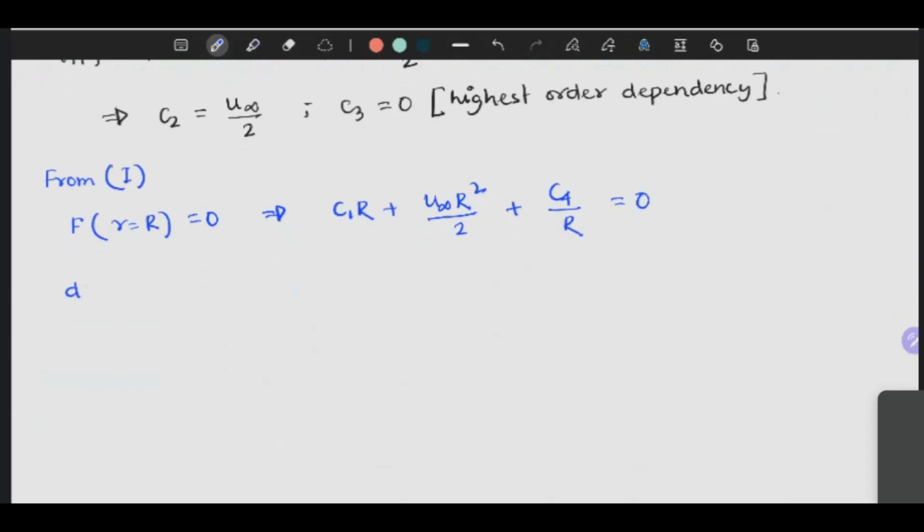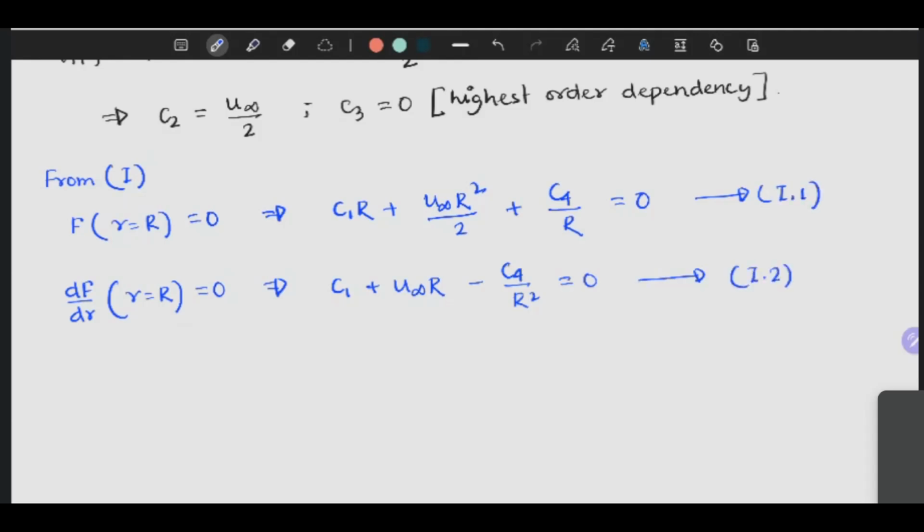And also df by dr at r equal to R must be 0, and that makes C1 plus U infinity R plus, minus rather minus C4 by R square equal to 0. This is equation A, this is equation B, or rather let me number it I.1, this is I.2.